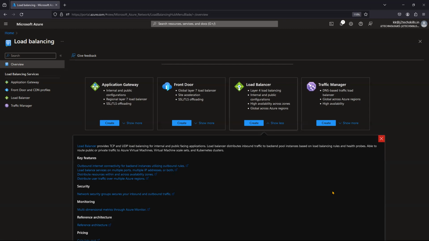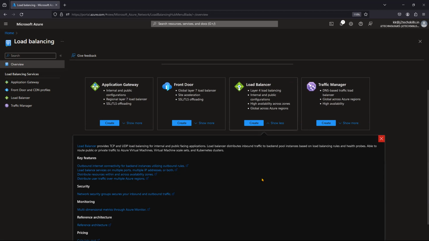What type of load balancer are we going to use for such a configuration? Is a load balancer required for configuring high availability of those virtual appliances? Yes. The question format can change, but at the end of the day, for virtual appliance high availability, we must use the Azure load balancer.